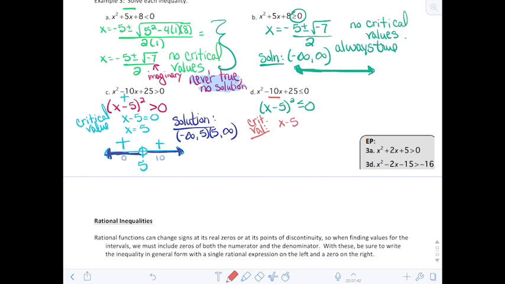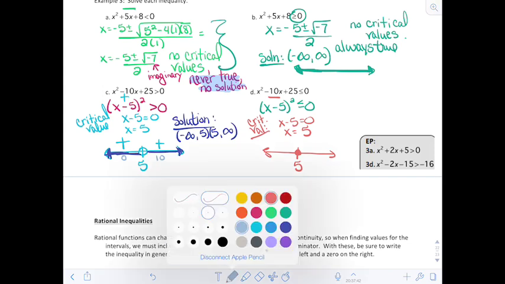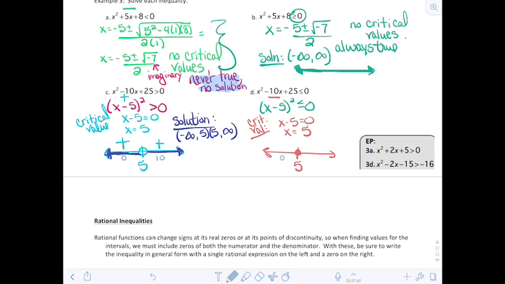So my critical value is when I set x minus 5 equal to 0, and again, x is 5. So as I graph this, it can equal 5 because it's less than or equal to, and I'm looking for a negative. So I'm going to test 0 again and 10 again, but I already knew that when I plugged in 0, 2 negatives made a positive, and when I plugged in 10, 2 positives made a positive.